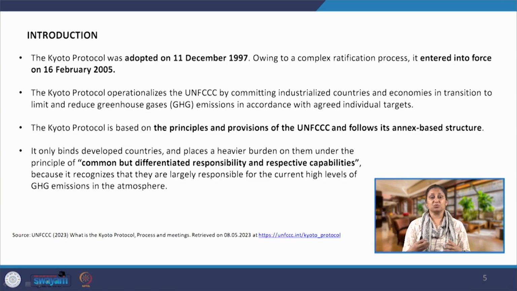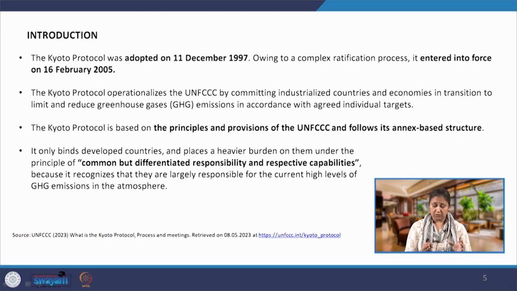Parties are the nations which are agreeing to follow the protocol, in this case Kyoto Protocol, and then they will also write how and what they will do to meet this protocol, and that is what the ratification process was. Eventually it entered into force in February 2005, when the minimum number of signatories signed the protocol, and finally it came into force.